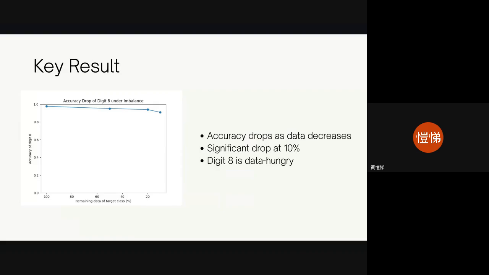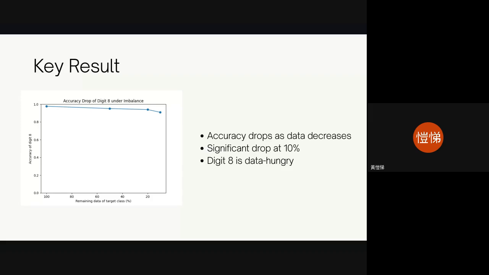This figure shows the accuracy of the digit under different data ratios. We can clearly see that the accuracy decreases as the training data decreases. The drop becomes more significant when the data is reduced to 10%. This shows that digit 8 is a data-hungry class. And in conclusion, model performance is not uniform across all classes.